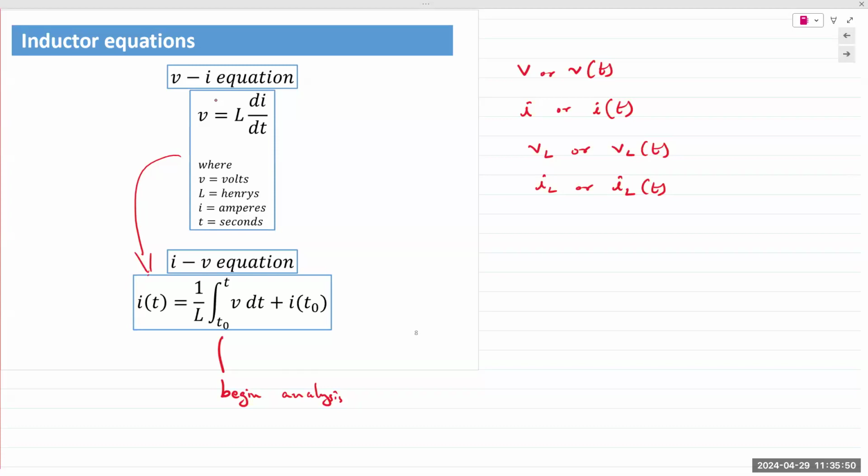Between 59 and 60, hence T0 would be 59, T variable would be 60. Make sense? Right? So T0 and T could take on any value. And again, we will look at this in detail when we actually get to the example problem. But just so you know for now, T0 and T is simply begin and end of your analysis.